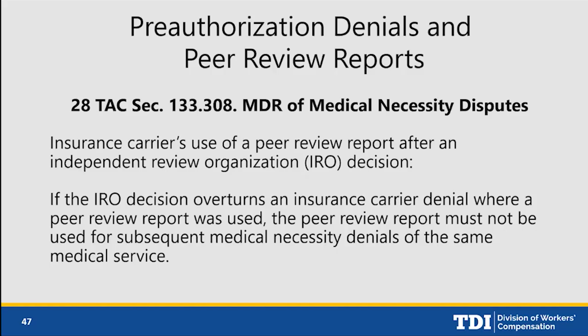That means that they can't use that peer review decision. Again, if the IRO is saying that the utilization review decision was wrong, we're overturning this. So that's something that you want to keep in mind about those peer review reports.